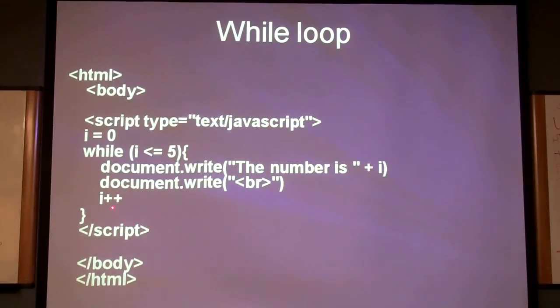But within the loop, I increment i by 1 every time. So this loop executes maybe 5 or 6 times, so you have printed this line 6 times and then it stops. So this is an example of a while loop, and the logical condition here might be any. As soon as its logical condition evaluates to true or false, this will be okay.